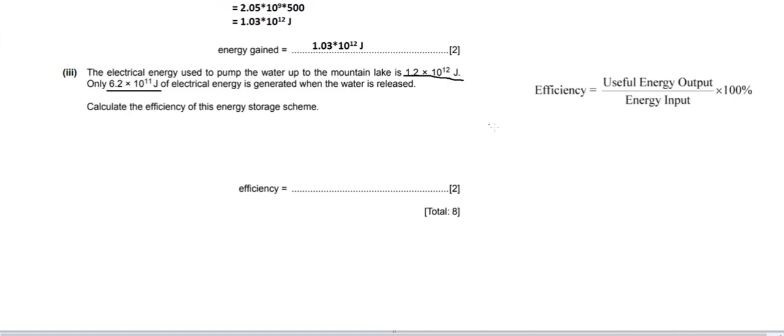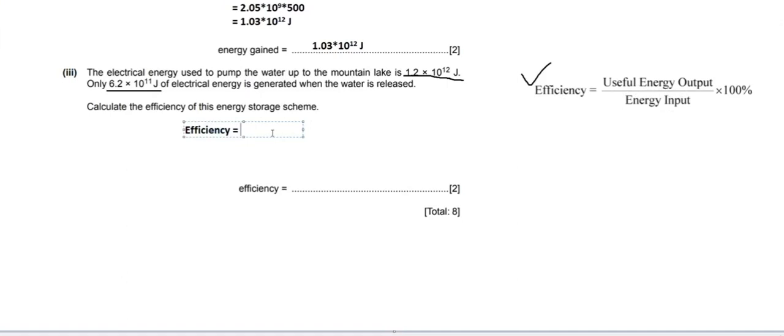We note down this formula, and after you put this formula, then you put the values. I am putting the values directly here. So efficiency is equal to useful energy output divided by energy input.